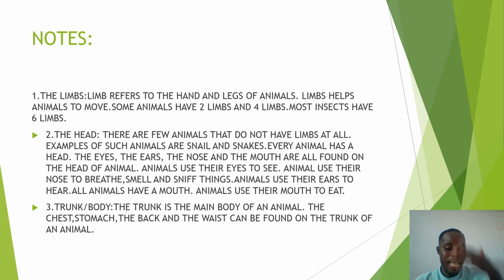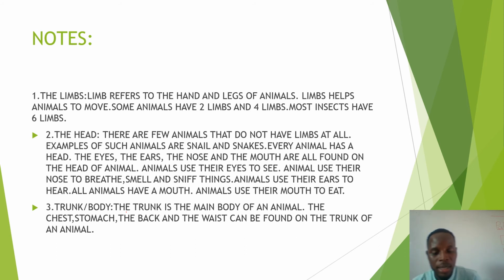So when we talk about the head, what the head holds: the eye, the nose, the mouth, the ear. When it comes to the next part, that one is the main body.